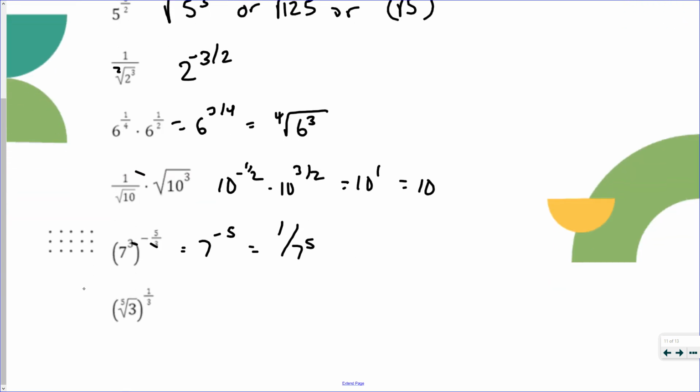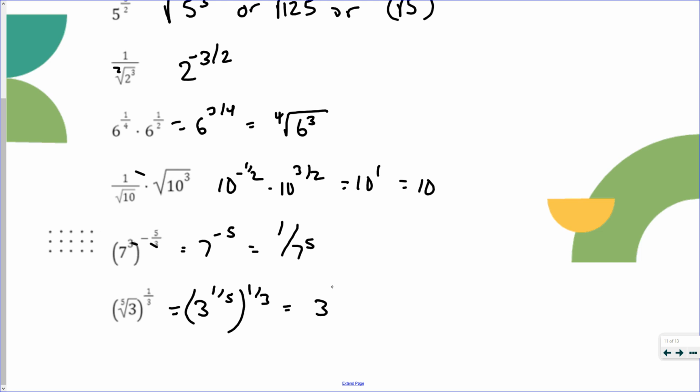And last one, the 5th root of 3 to the 1/3. Careful with this one. It becomes 3 to the 1/5 to the 1/3. It's very easy to look at that and think, oh, 3 to the 5/3. Not quite. This is a tricky one.